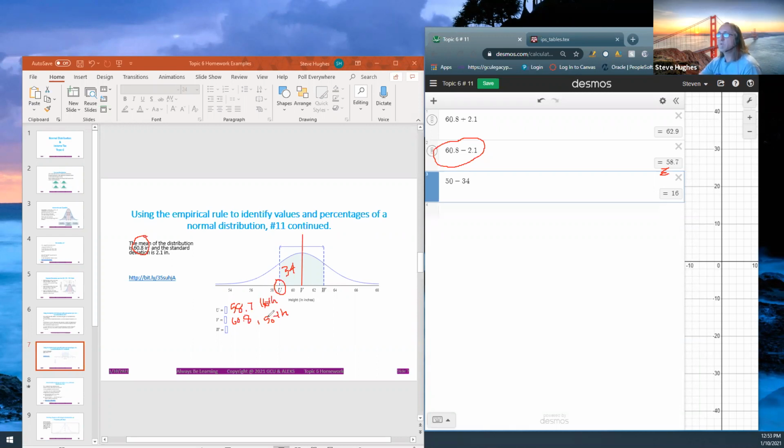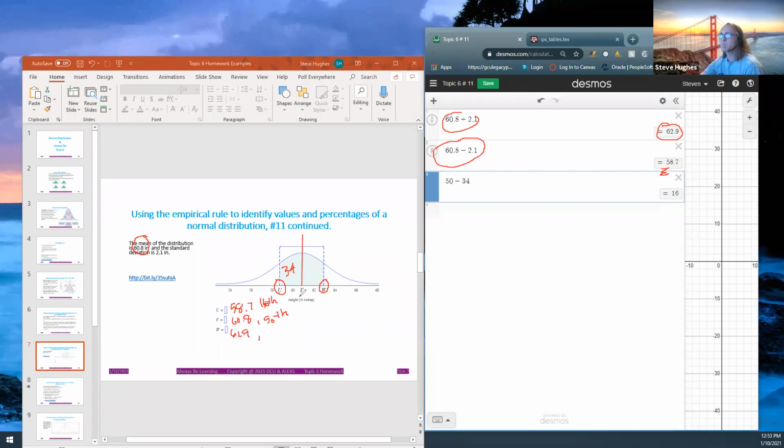Next, for W. W is 1 standard deviation above the mean. How do I know that? Because it's equal distance from the mean above as U is below. So if I take 60.8 plus 2.1, I get 62.9. So that's the value of W, 62.9.